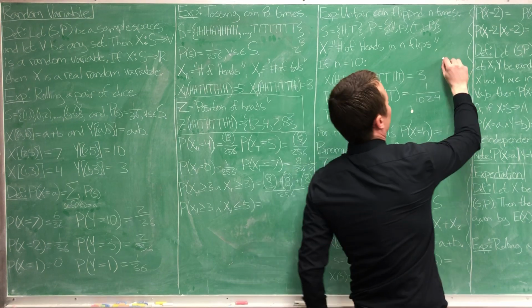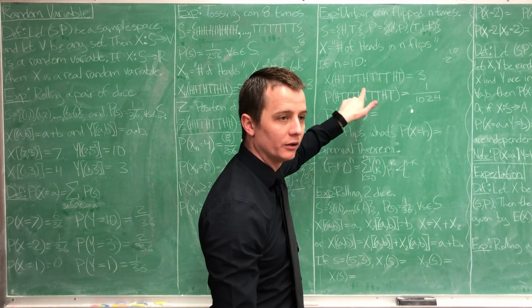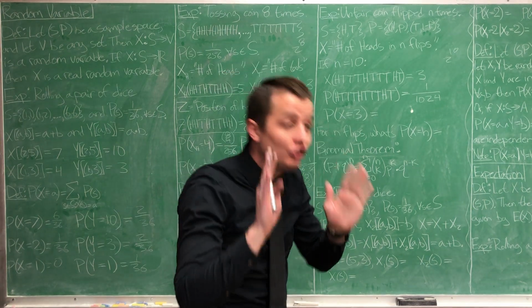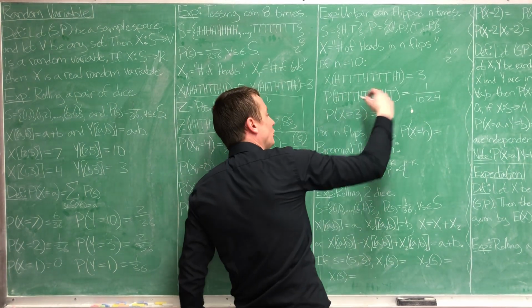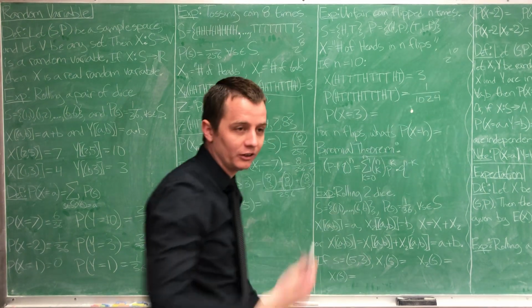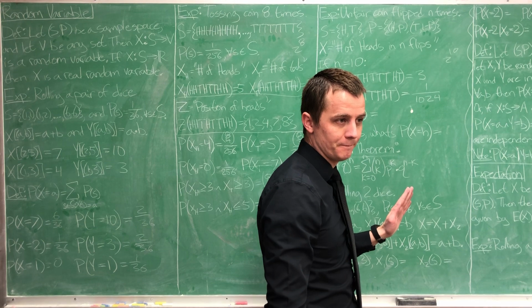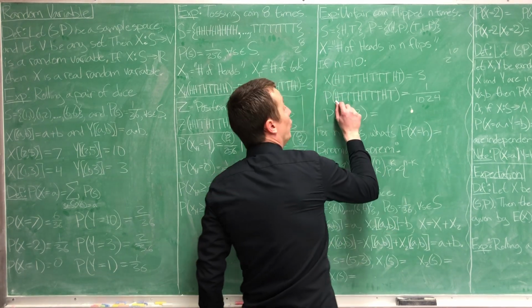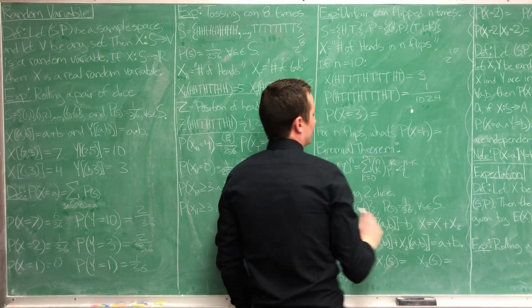That's 2 to the 10th. I have 2 options for the first flip, 2 for the second, 2 for the third, so it's 2 times 2 times 2, 10 times. 2 to the 10th is 1,024. This is one of those possible flips, so its probability is 1 over 1,024.